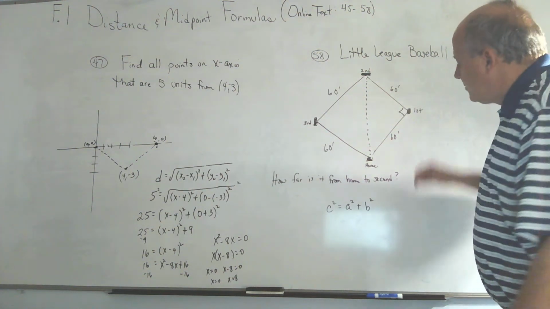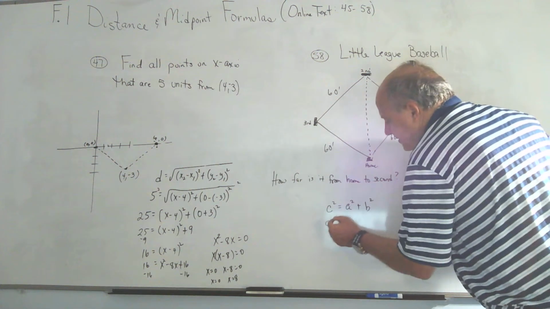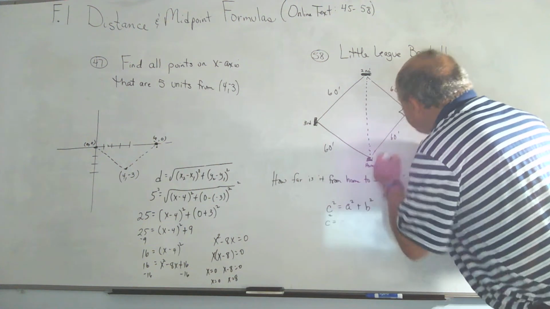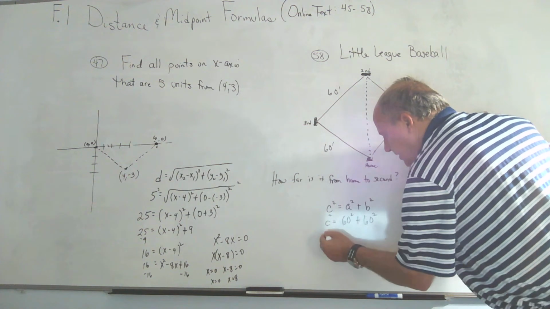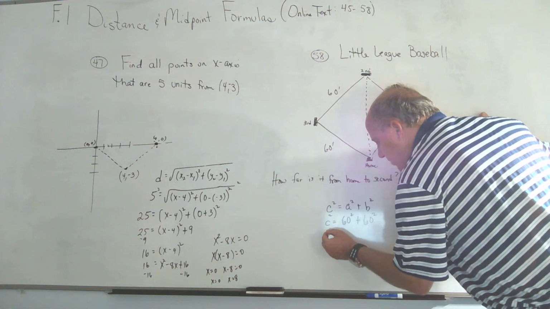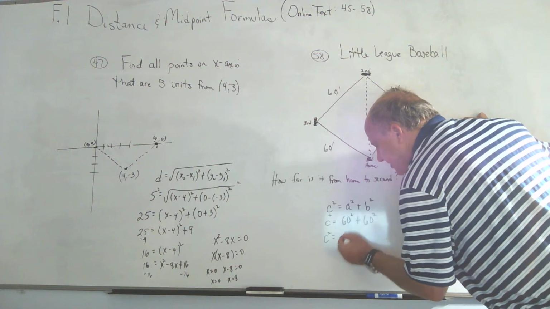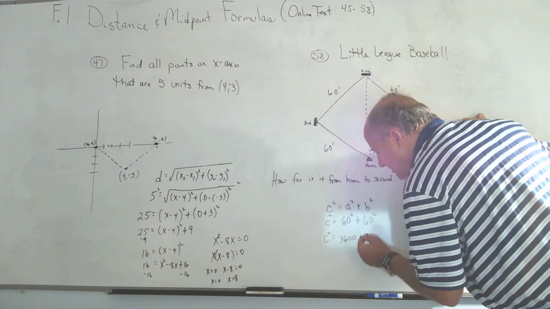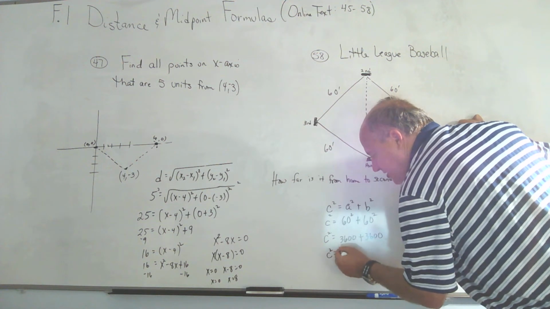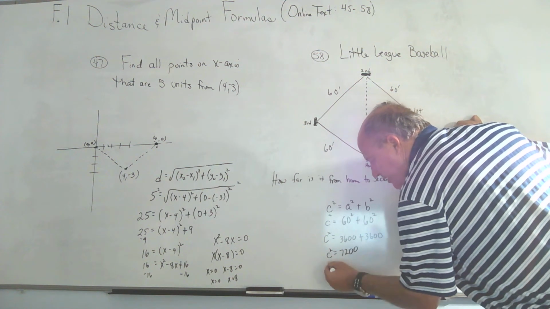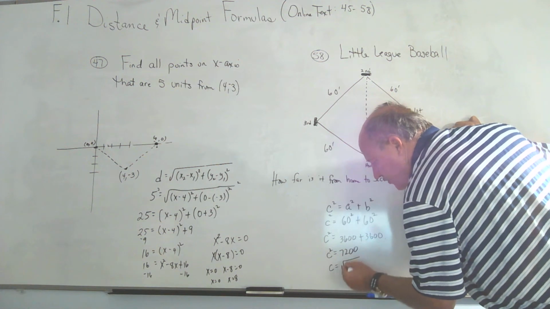So c squared equals 60 squared plus 60 squared. And so c squared equals 3600 plus 3600, and 3600 plus 3600 is 7200. And c is the square root of 7200.